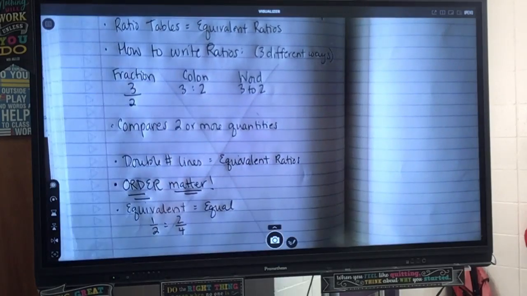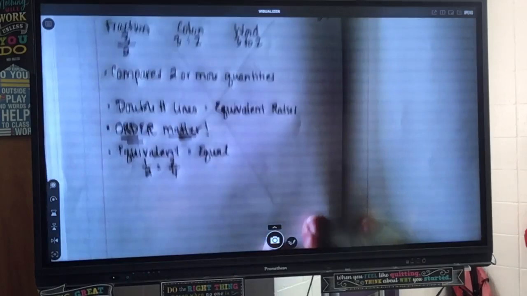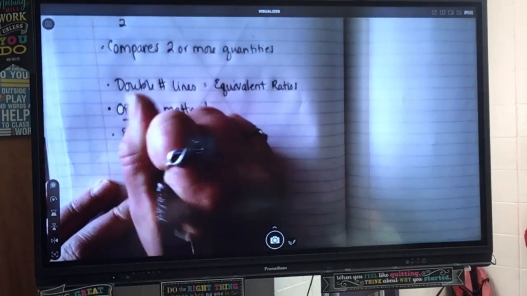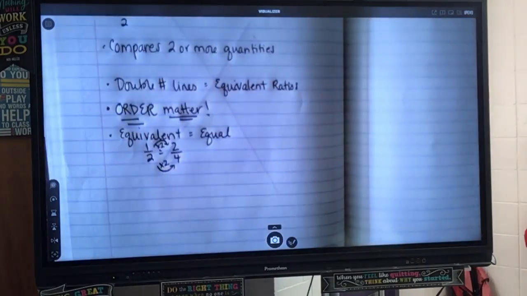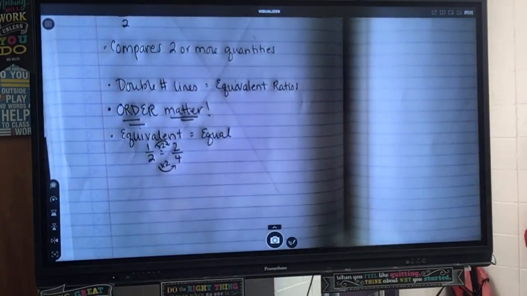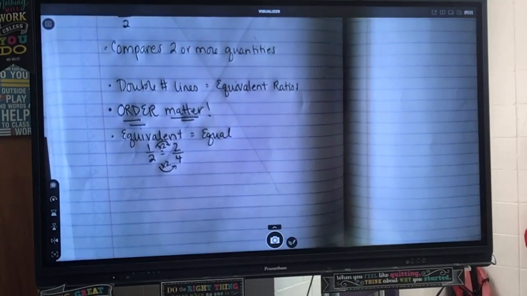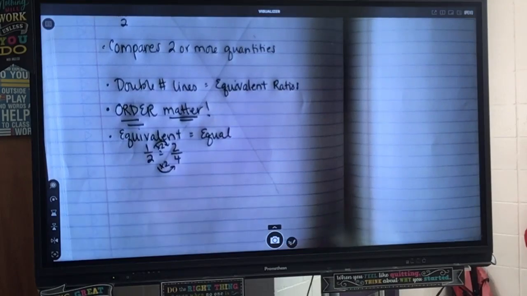Alright, and essentially, when we do this 1/2 equals 2/4, you think about, okay, I multiply this by 2, so I have to multiply that by 2. Finding equivalent ratios, you have to multiply or divide the top and the bottom by what? The same number.